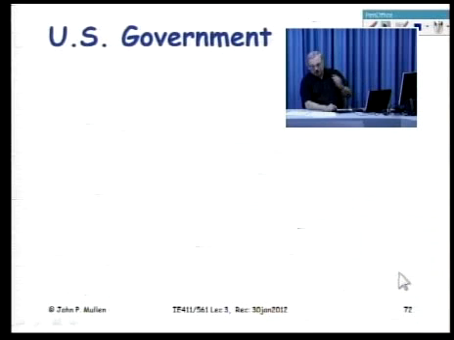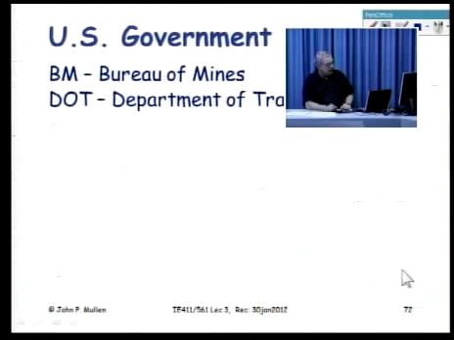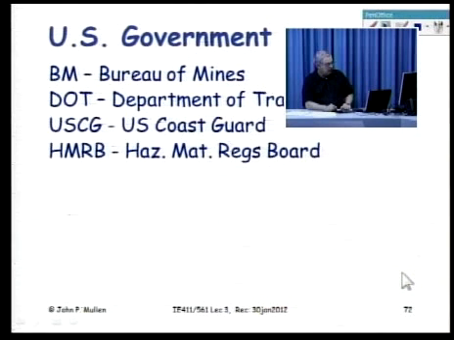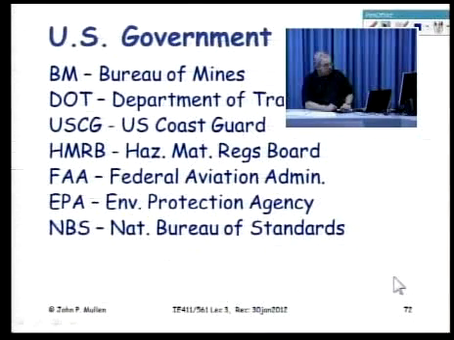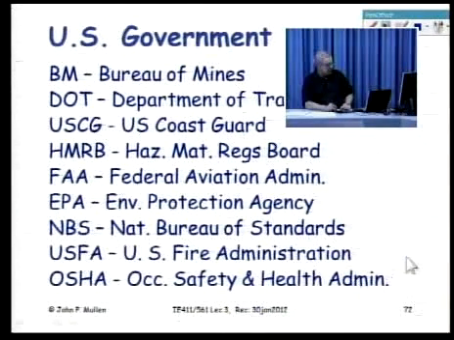The U.S. government, oh man, alphabet soup. Bureau of Mines, Department of Transportation, U.S. Coast Guard, Hazard Material Registry Board, Federal Aviation Administration, Environmental Protection Agency, National Bureau of Standards, U.S. Fire Administration, Occupational Safety and Health Administration, and probably a dozen more that I couldn't fit on the slide.